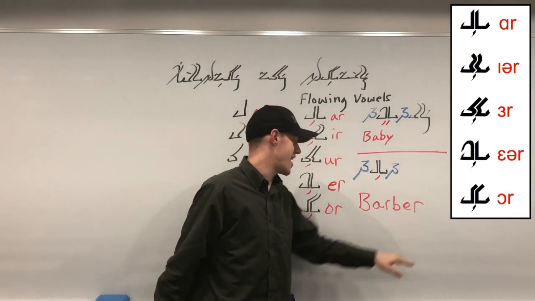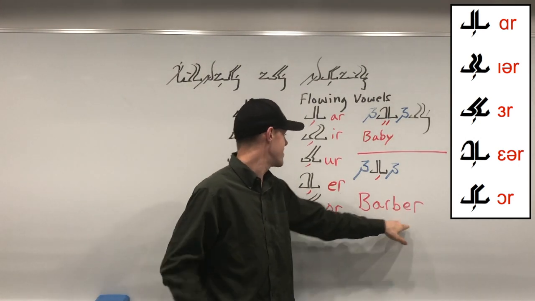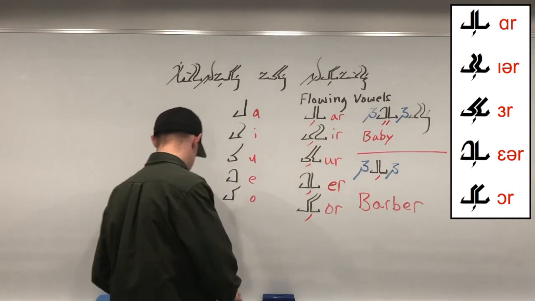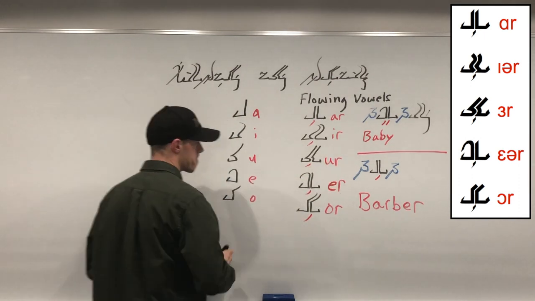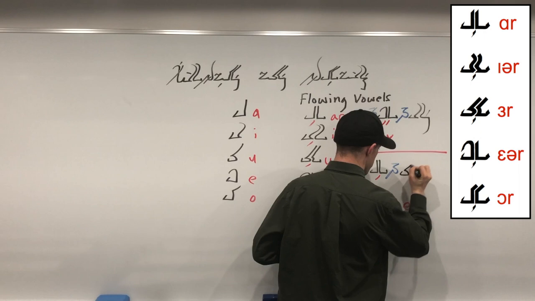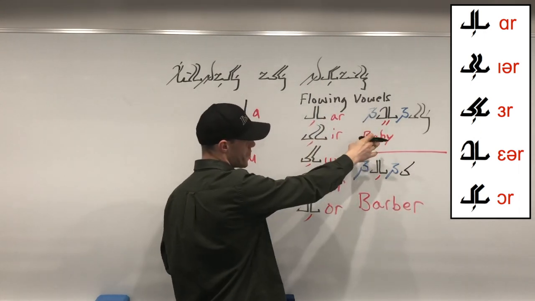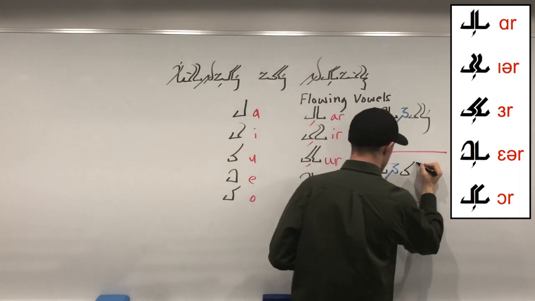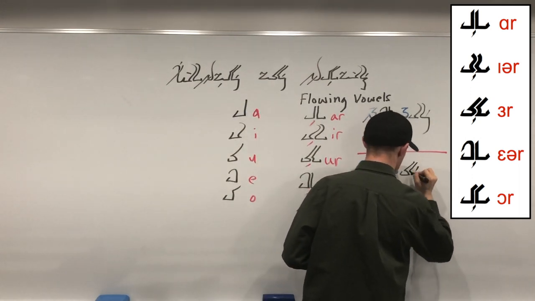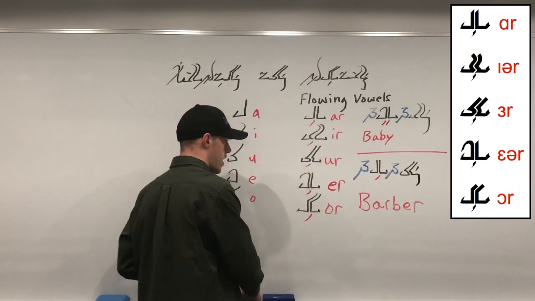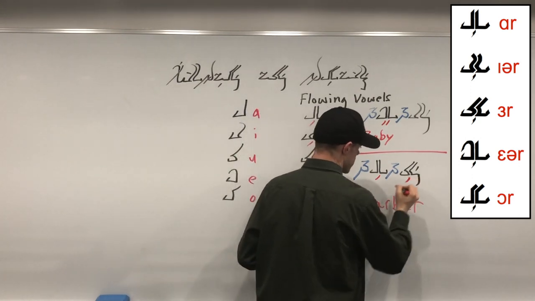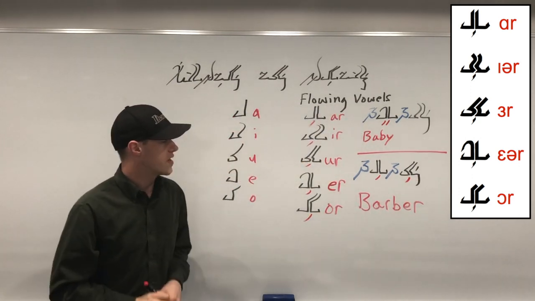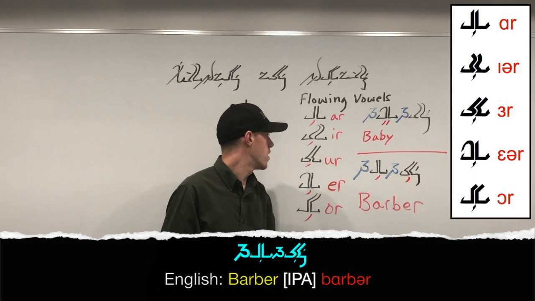With my particular accent, it's barber to me. Just like the word baby, our final letter is a silent marker. And again, we need the R sound underneath this vowel to create the word barber.